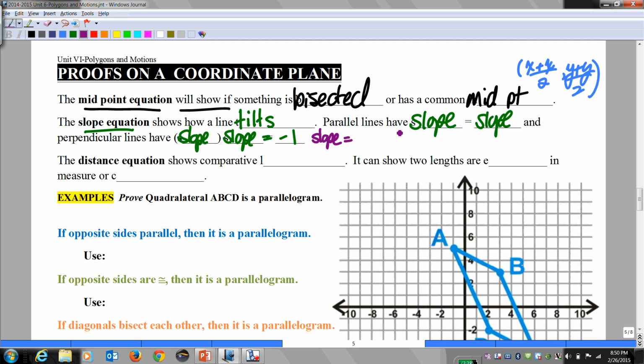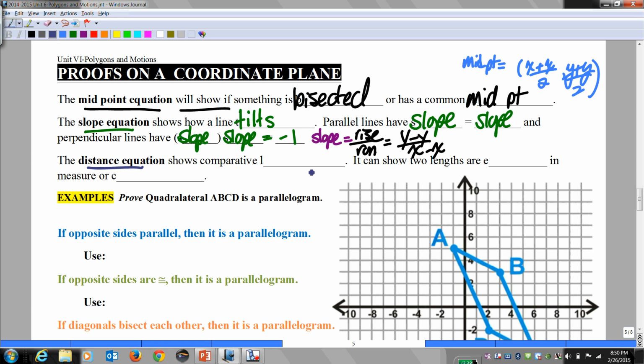Let's write out the slope equation. Slope equals rise over run. Rise, you subtract the y's, over run, you subtract the x's.